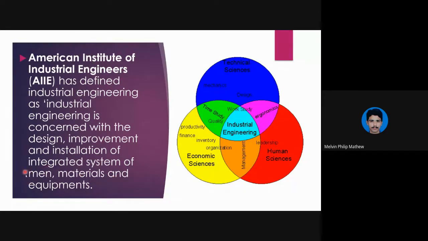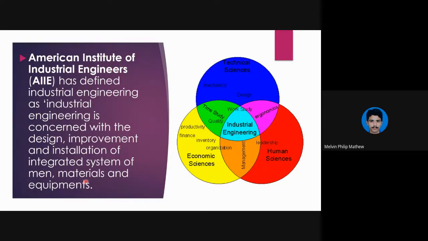So we are using men as labor, and they do the work of converting the materials, that is the raw materials or the materials that we are artificially creating, and these materials are used to derive a product using equipment.